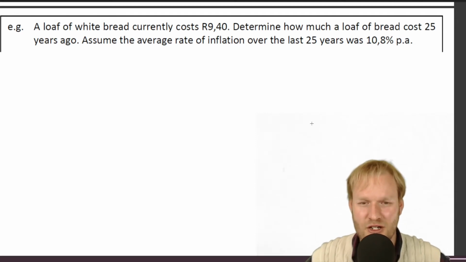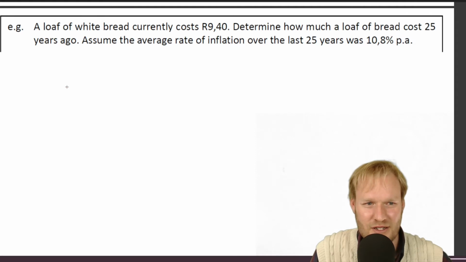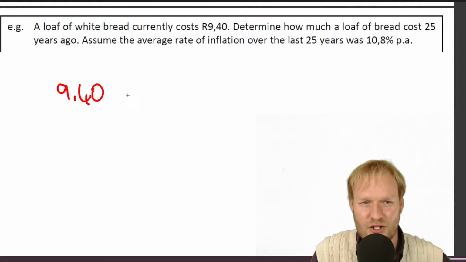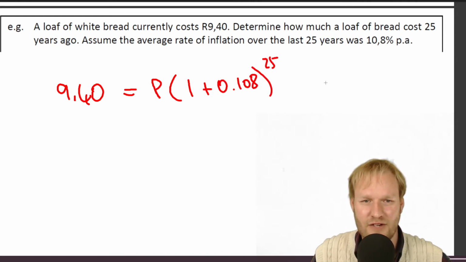Whatever you said may or may not be the way that I'm going to solve it. The way I think about it is we're still using the same formula, but 9 Rand 40 is what it has grown to, and we don't know what the present value was. So let's write our formula like that: 9.40 equals P times 1 plus 0.108 to the power of 25 years. So we've got an equation, and we know that it grows to 9 Rand 40.